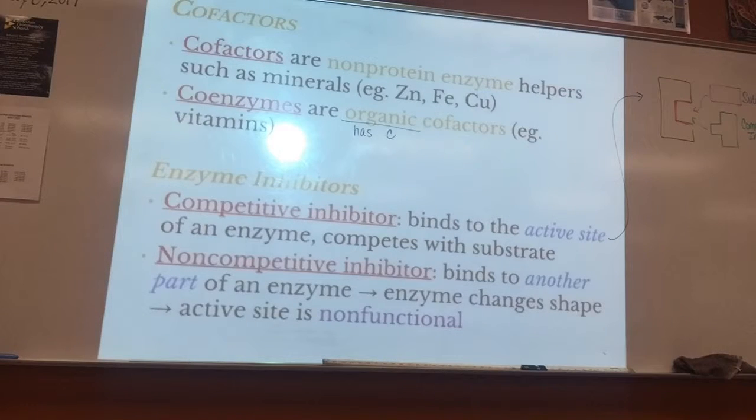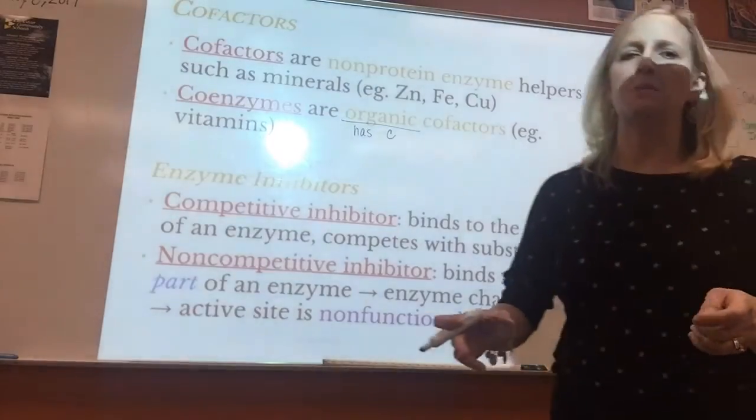The other type of inhibitor is called a non-competitive inhibitor. It binds to another part of the enzyme. The enzyme changes shape, making the active site non-functional. Let me draw what this looks like here.